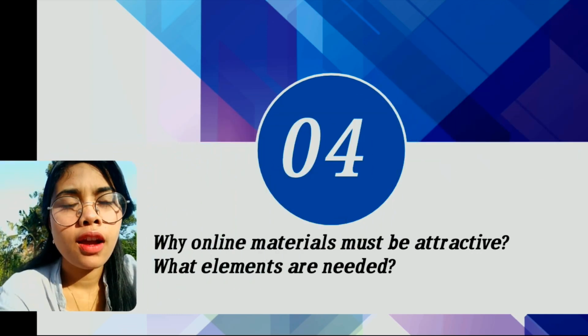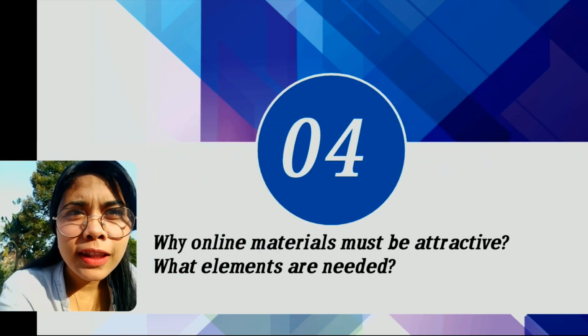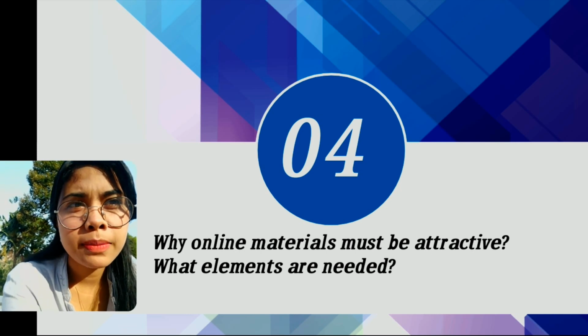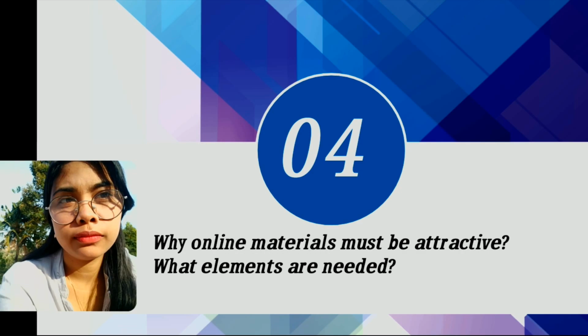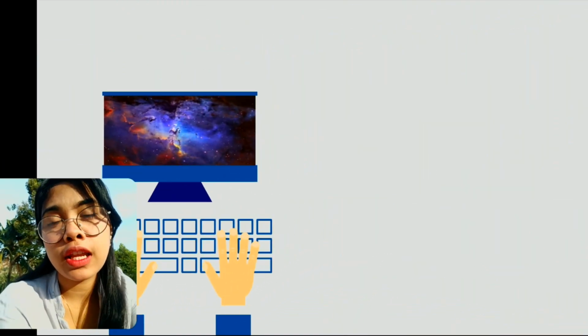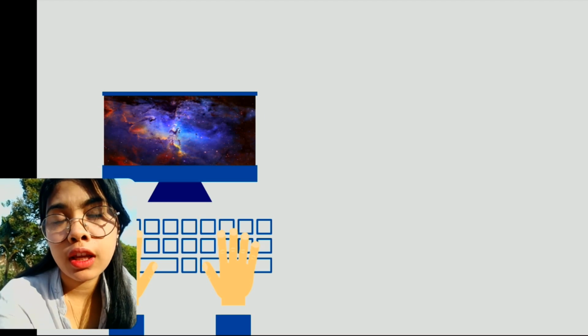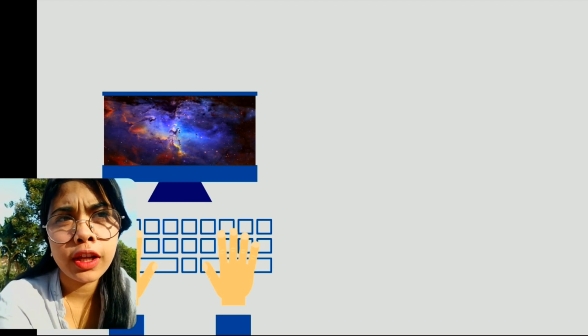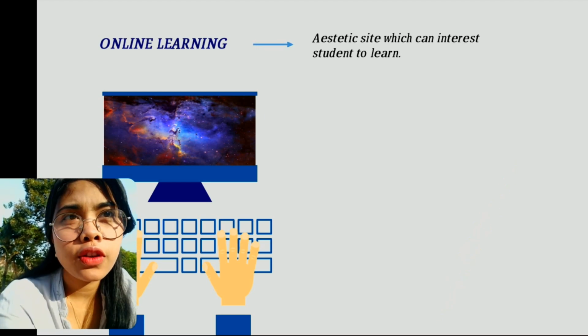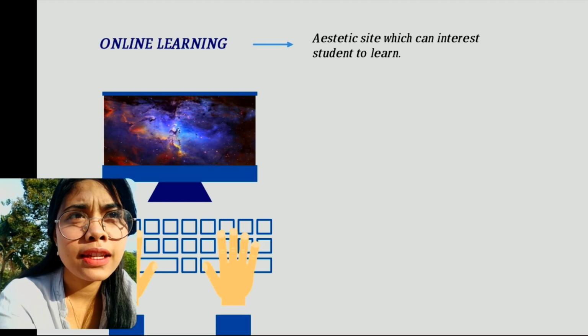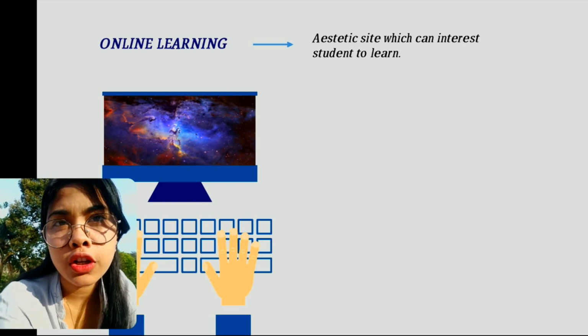Next is, why must online material be attractive and what elements are needed? Of course, online learning is different from the usual learning or printed learning. Online learning must be attractive because it focuses on the aesthetic side, which can interest students to learn.